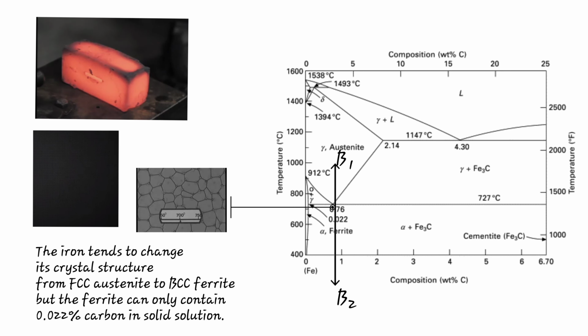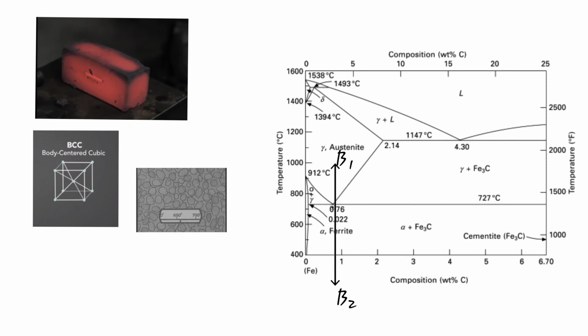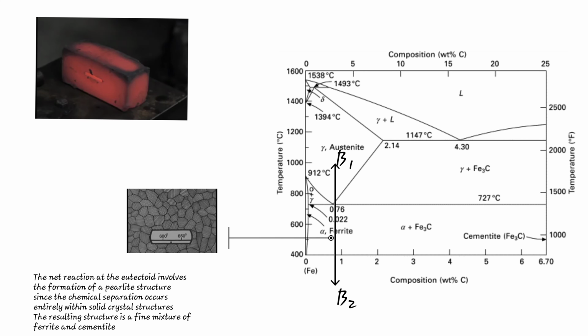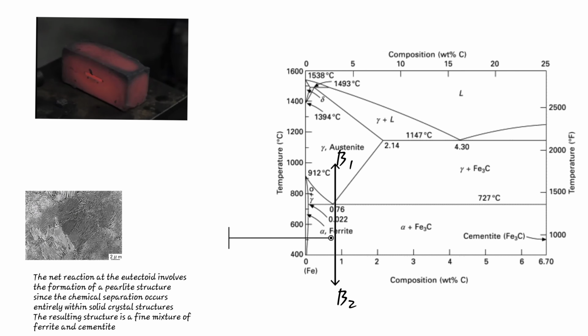The iron tends to change its crystal structure from FCC austenite to BCC ferrite, but the ferrite can only contain 0.022% carbon in solid solution. The excess carbon is rejected and forms the carbon-rich intermetallic known as cementite. The net reaction at the eutectoid involves the formation of a pearlite structure, since the chemical separation occurs entirely within solid crystal structures. The resulting structure is a fine mixture of ferrite and cementite.